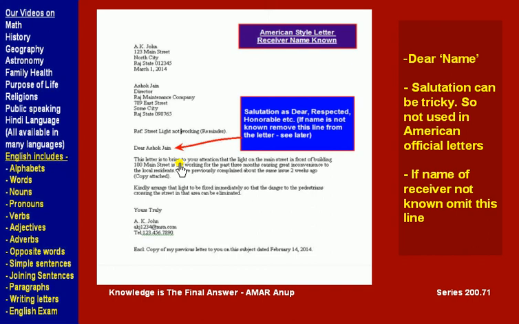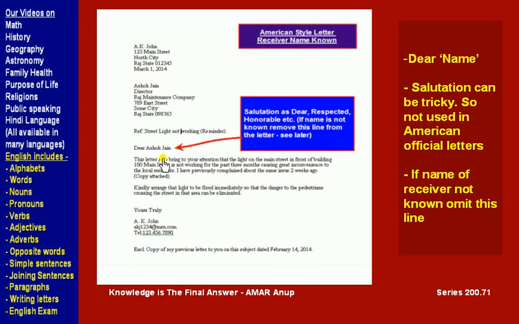Rarely, if you don't know anything about where your letter will end up, you can remove this line, but only in the American system. In the rest of the world, they write dear sir or dear madam or dear sir forward stroke madam. So you can write a general dear manager or dear supervisor.